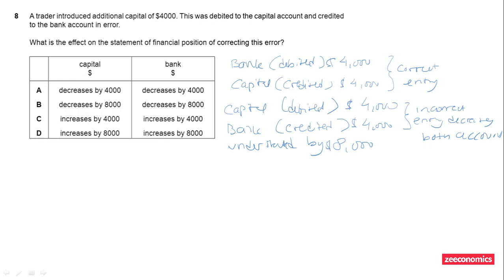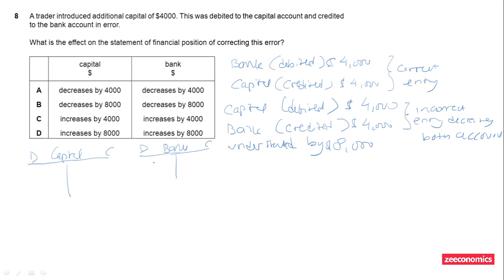So therefore we need to create the correct entry now. How do we create the correct entry? I'm going to give you a simulation on how to record it on the ledger T accounts. This is the T account for capital, and this is the T account for the bank. Both accounts have a debit and credit side.